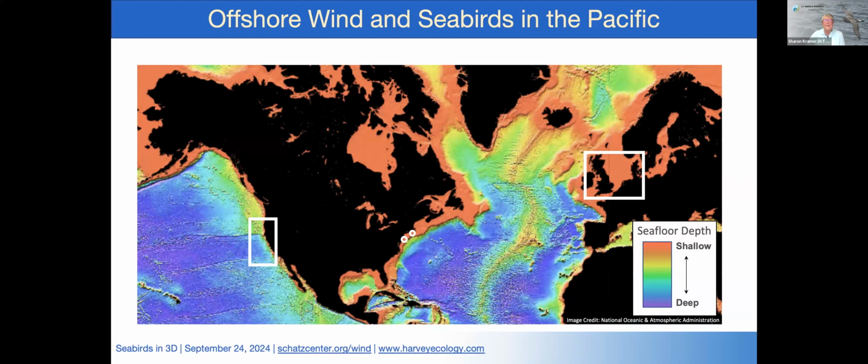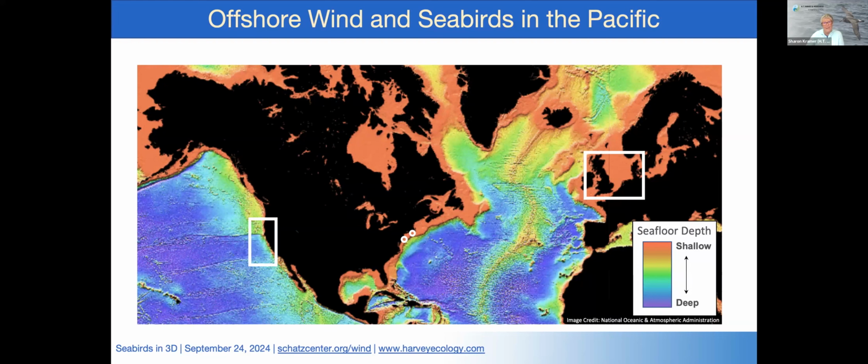And the color scheme is such that the reddish color is shallower water and the bluer purple water is deep. And so the really striking thing immediately is that most existing offshore wind projects and facilities are in shallow water and with bottom mounted foundations. And a big difference is off California, it's deep very fast, and we're going to have different types of turbines. They'll be floating offshore wind turbines.